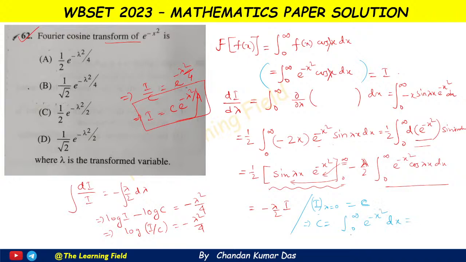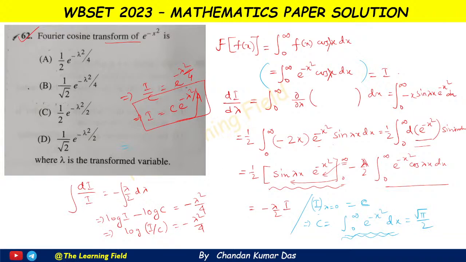We know this is a common integration, and I think this question already came in the previous year's exam. I already solved this integration, and the value, I think, is root pi by 2, which comes by using the error function. So we get the value of c equal to root pi by 2.